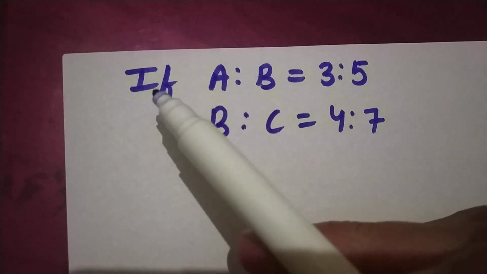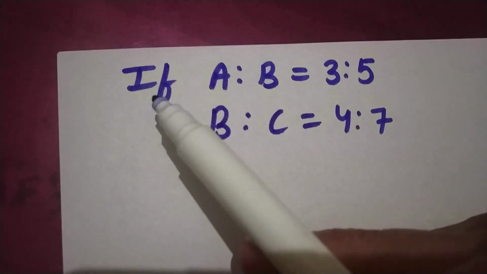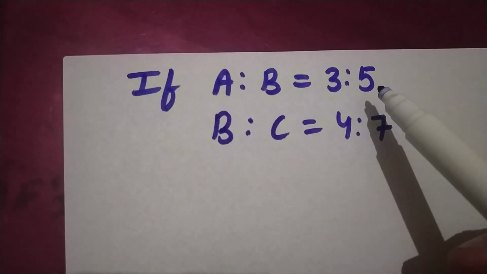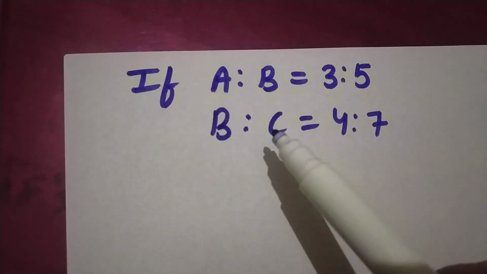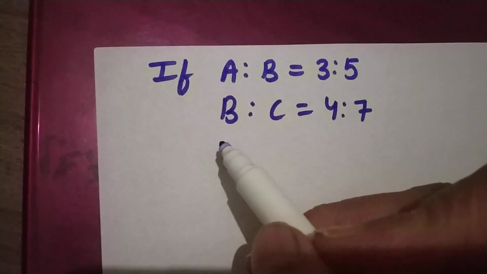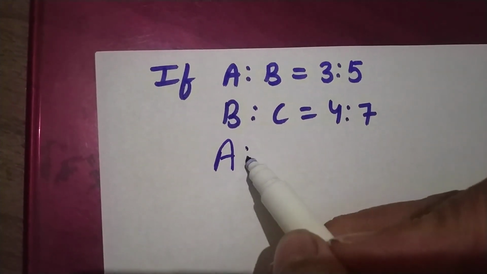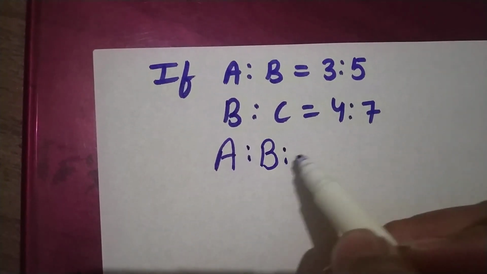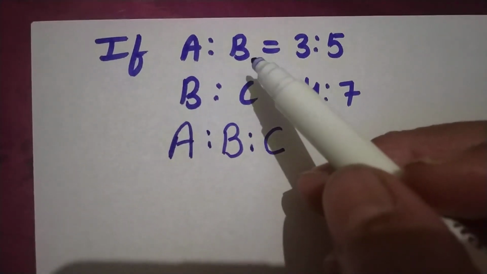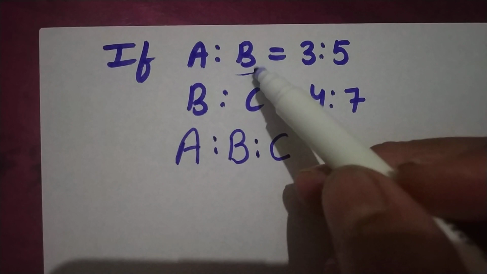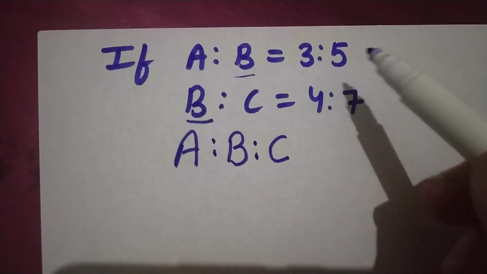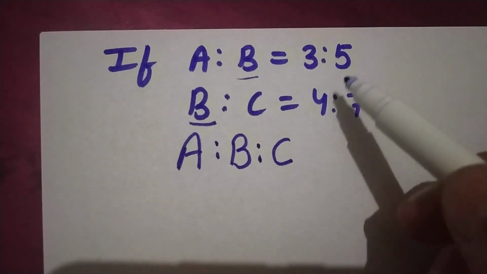Now, in the next problem, it is given that A ratio B is equal to 3 ratio 5 and B ratio C is equal to 4 ratio 7. We have to find A ratio B ratio C. We can see that in the first ratio B is there and in the second ratio also B is there, but the values of B in both the ratios are different.